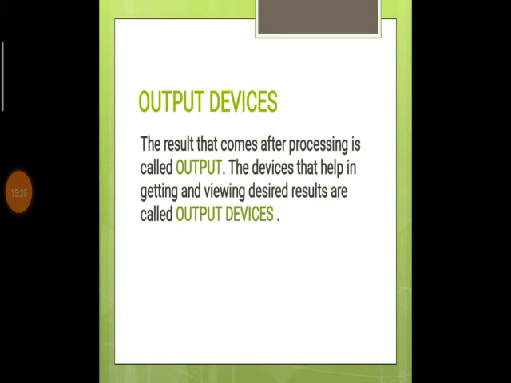After processing done by the CPU on an input, whatever result is displayed on the screen is defined as an output. That result will be known as output.